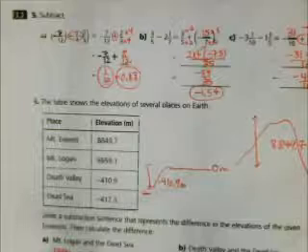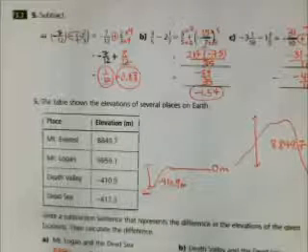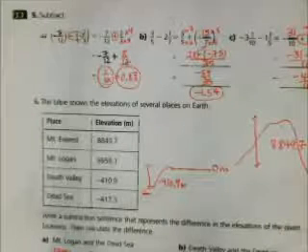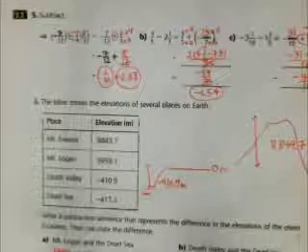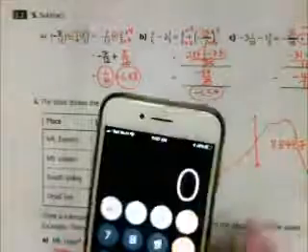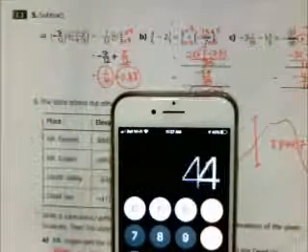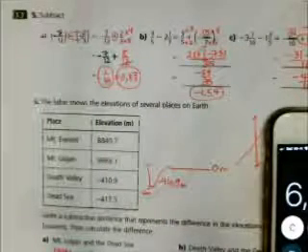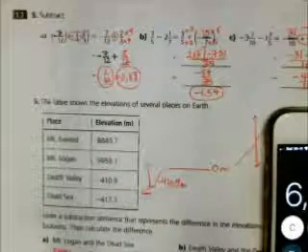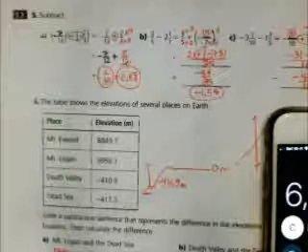Notice that if you have two negatives side by side, it becomes a positive. So it's 5,959.1 plus 417.3. We have a difference of 6,376.4 meters.